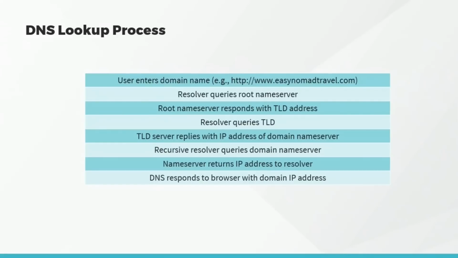But if your DNS server has never heard of that name before, then rather than just saying "I don't know" and terminating the process, it begins an iterative process to find out. Since it was handed a full name of www.easynomadtravel.com, it can break it down by first querying the root DNS servers, values for which are pre-programmed into DNS servers as soon as the service is installed.